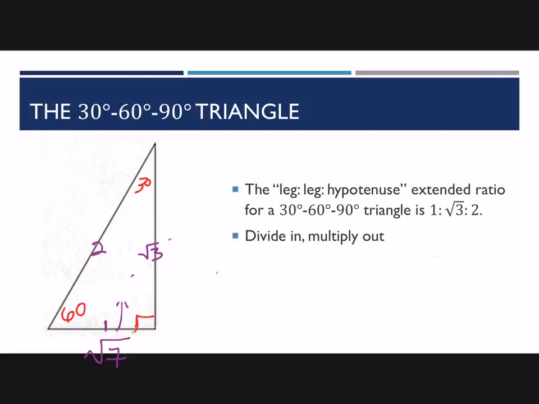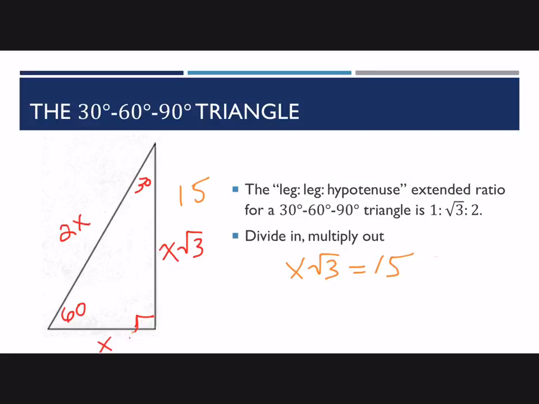If you like the equations method, then you would label these three sides as x, 2x, and x square root 3. Right? So then let's say that you know that the longer leg measures, let's do like 15. All right, so then you would say x square root of 3 is 15, and then we're trying to find x and 2x.